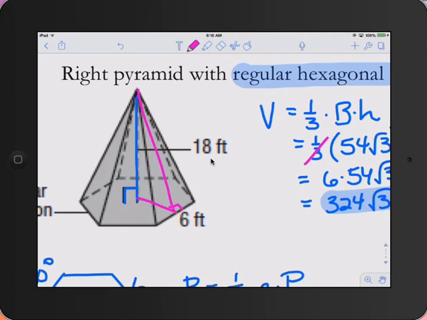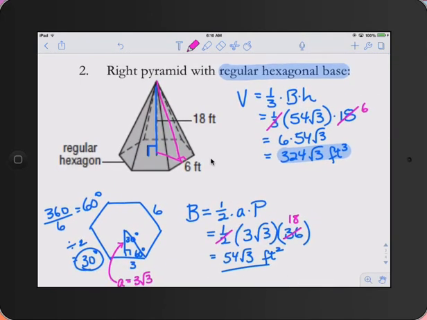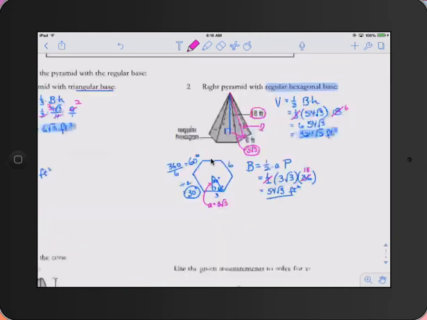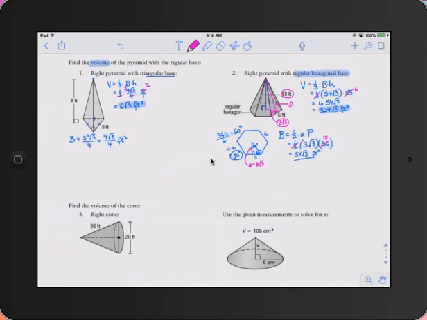For this one you would use 3 root 3 and 18, and do the Pythagorean theorem to find the slant height. Now that's only if you're looking for lateral area and surface area, because for volume you don't need the slant height. Volume you just need the regular height.